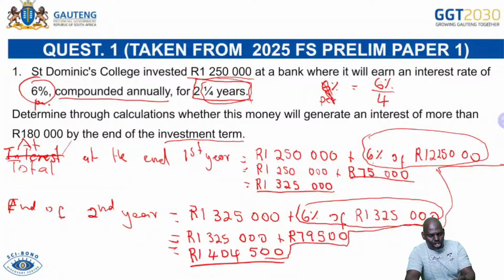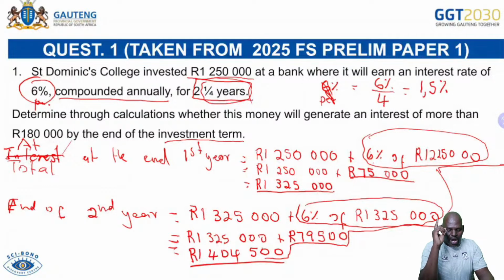Or let me just say 6% divided by 4. So for that 3 months, I say 6 divided by 4, then it's 1.5. So it's 1.5% for a quarter of a year. Remember, it's 6% for the whole year.